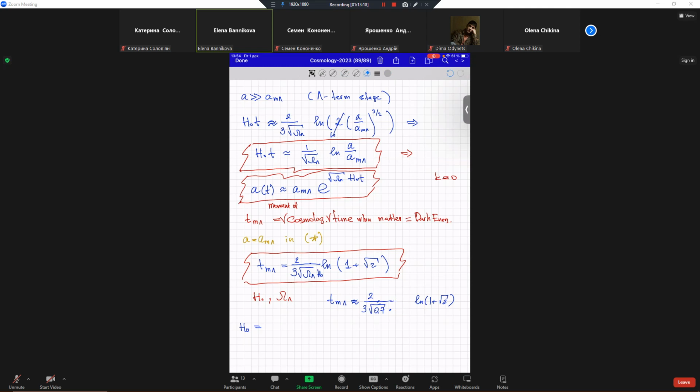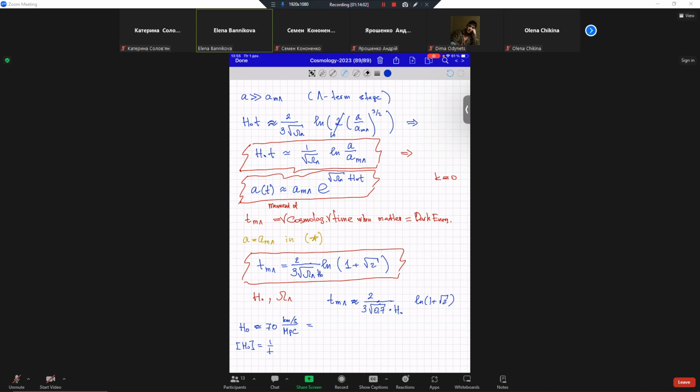In the first, I will put here H0, and after this, we need to understand what is H. So H0, if this is approximately 70 kilometer per second divided on megaparsec, we understand that this is H0, this is the dimension, this is 1 divided on time. And of course you need to consider this in the dimension of 1 divided on second.